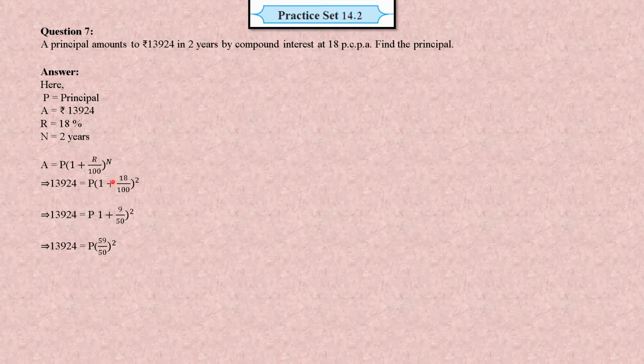Simplifying this, reducing the fraction 18 upon 100, we get 9 upon 50, and adding 1 plus 9 upon 50 by taking the LCM, we get 59 upon 50, the whole square. Rewriting and rearranging this equation in terms of P, we get P is equal to 13,924 into 50 upon 59, the whole bracket square. Solving this and simplifying it, we get P is equal to 10,000. Hence, the principal is rupees 10,000.